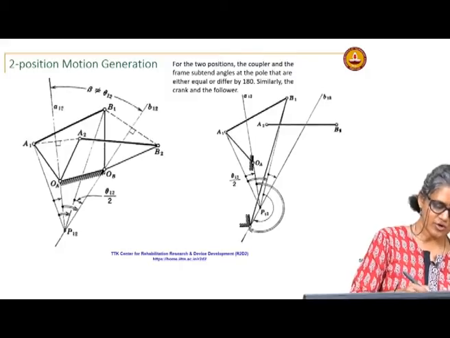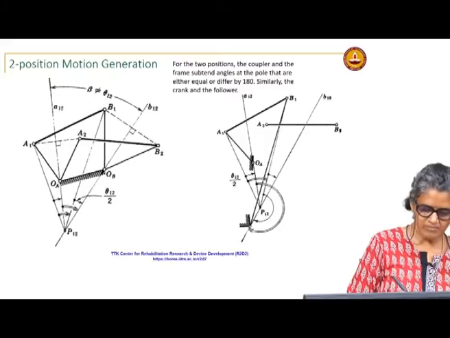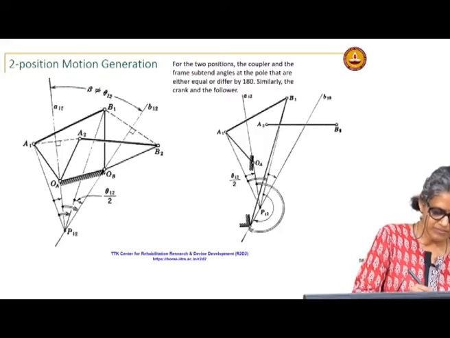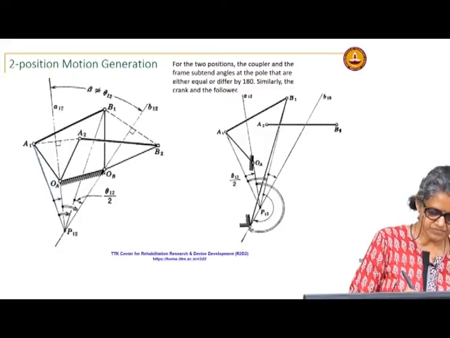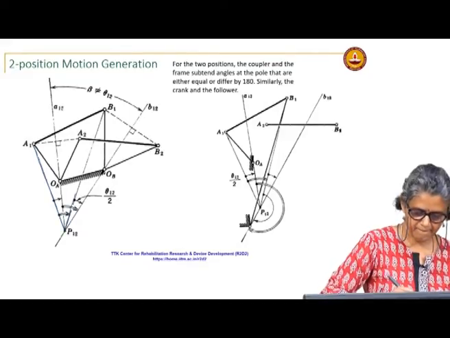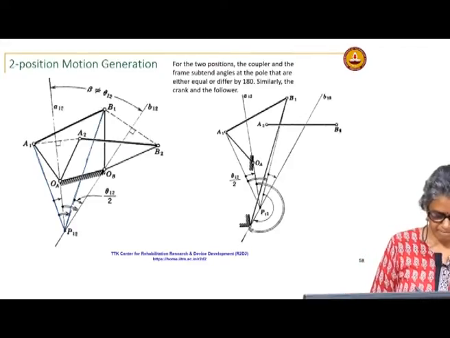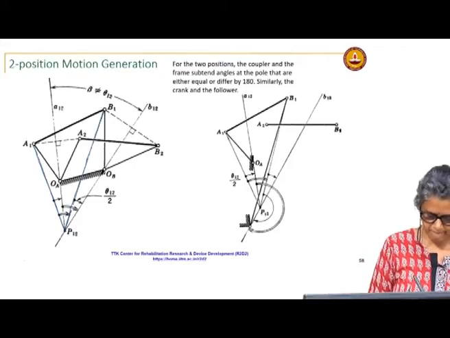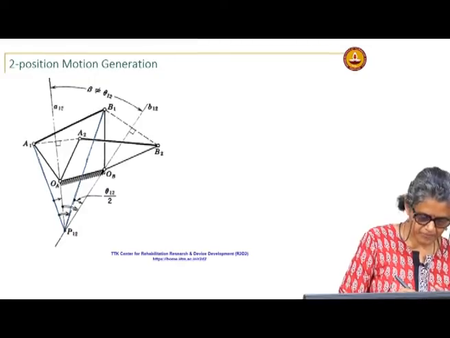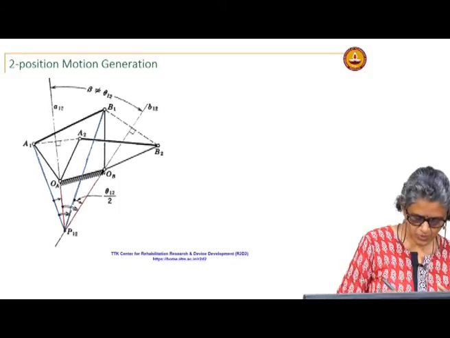Okay. So, I draw these triangles. I have A1 P12 B1, and I have OA P12 OB.